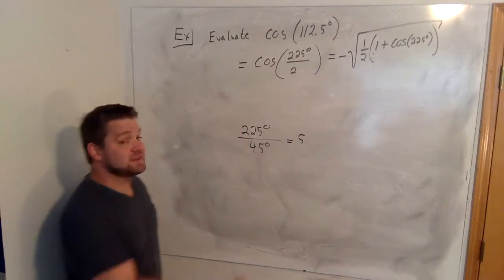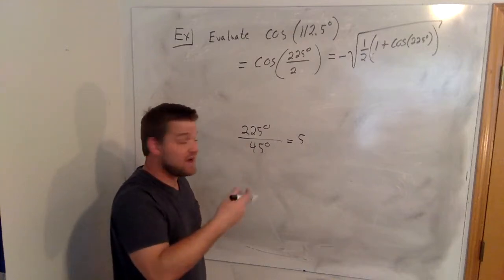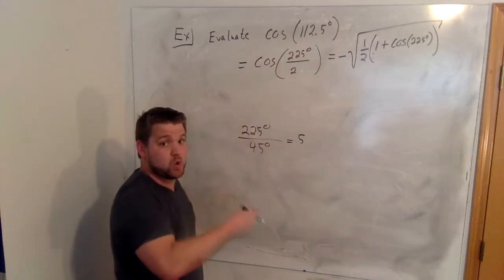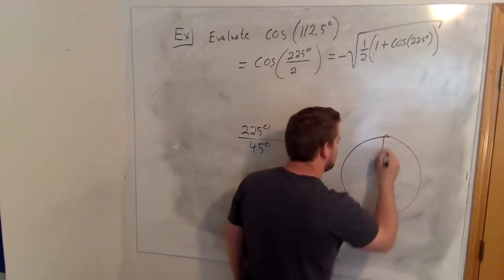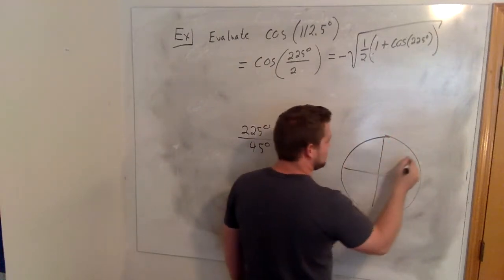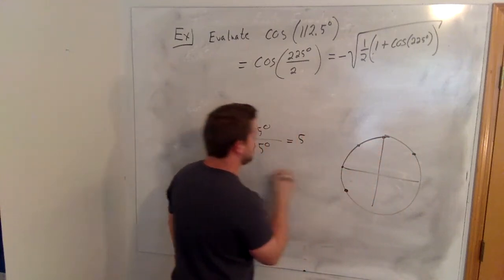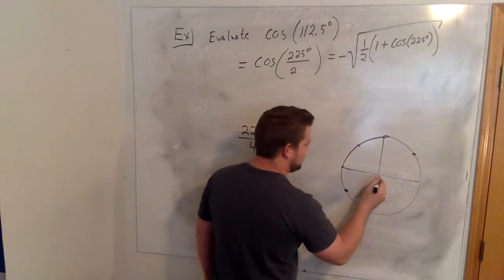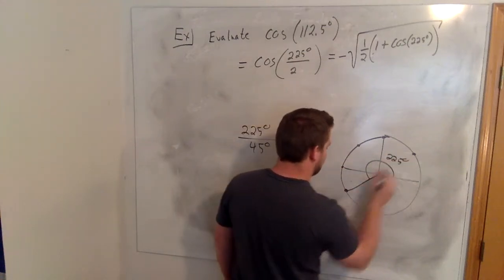I think you could also think of this as 180 plus another 45, or we could just draw it. So 1, 2, 3, 4, we need 5 increments of 45 degrees. So we're here on the unit circle, and this is 225 degrees.